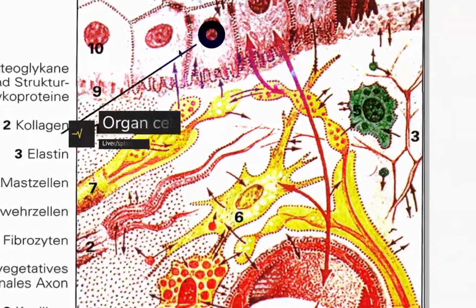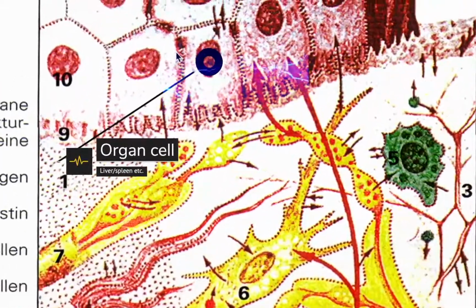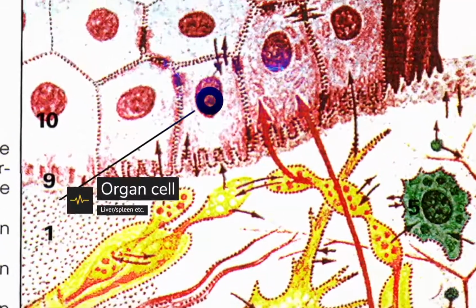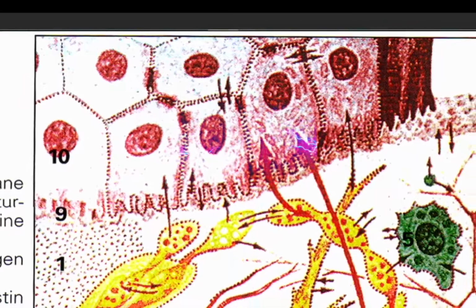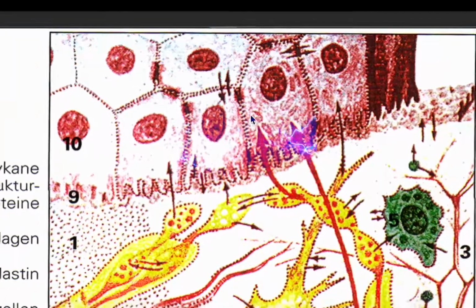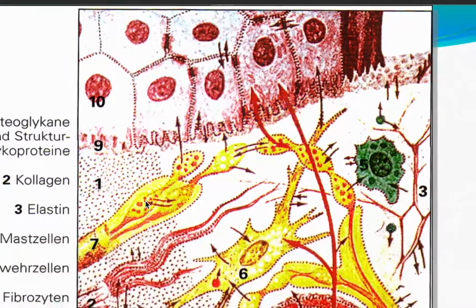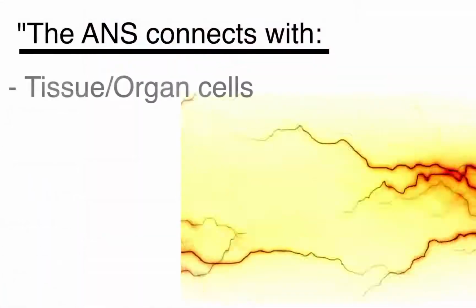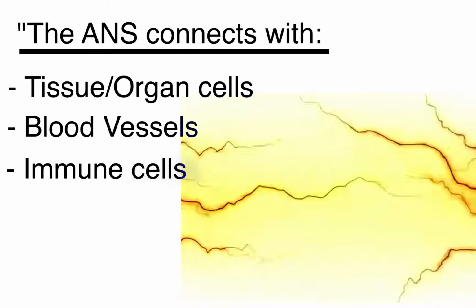The nerves are interfacing directly with the cells of the organ. So we have autonomic nervous system wires interfacing all the way up to the various cells of the tissues in our body, as well as between other autonomic nervous fibers, as well as with the blood vessels, as well as with the immune cells.